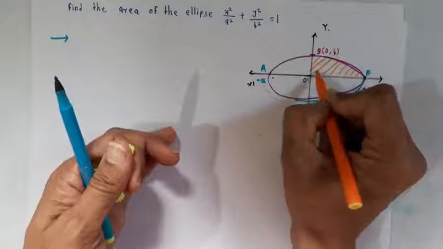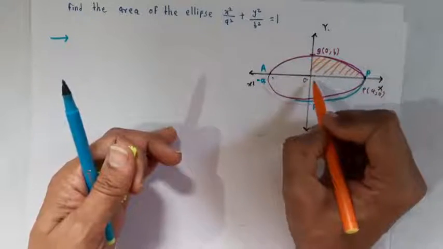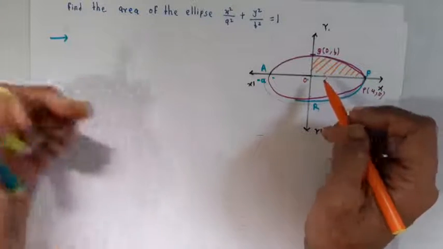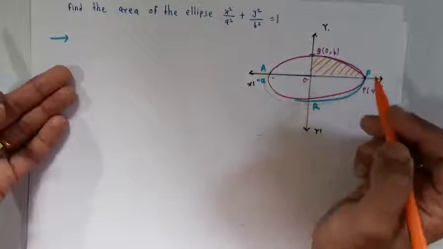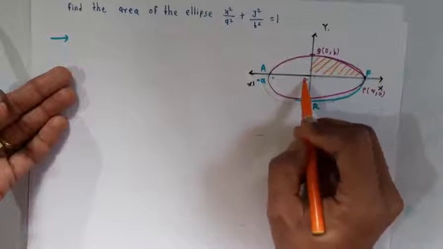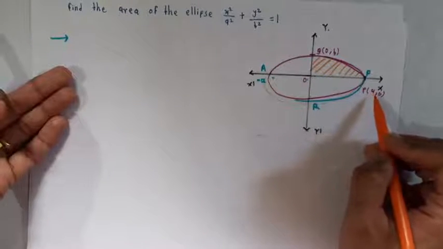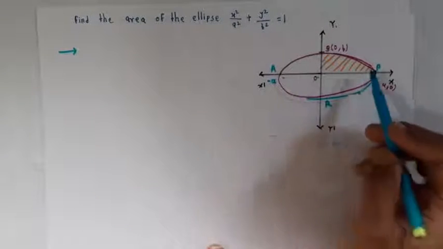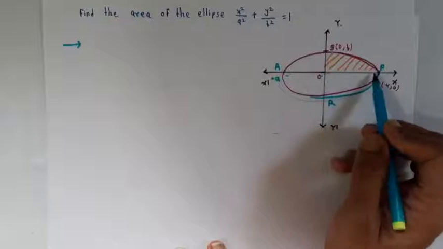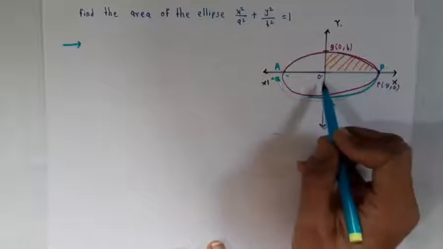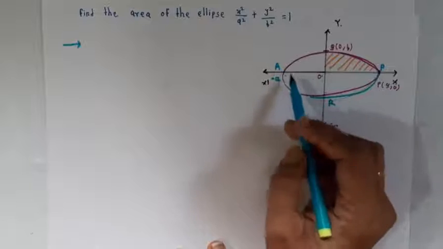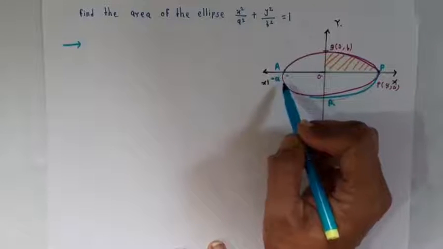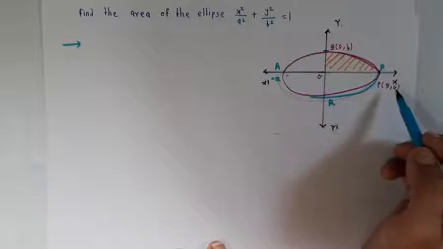The total area equals 4 times the area of OPQO, and for this region the limits of integration are from x equal to 0 to x equal to a, because in this ellipse the distance OP equals a, and distance OA is also a. The coordinates of the point P are (a, 0) and of A are (minus a, 0), because of the negative and positive x-axis.